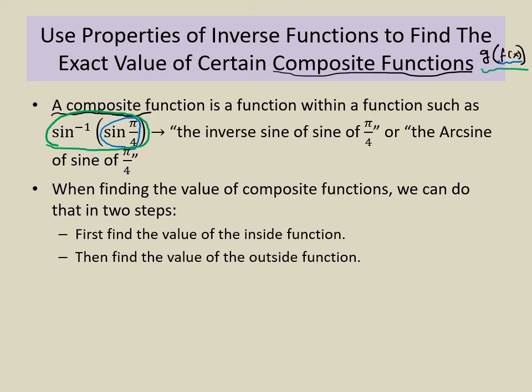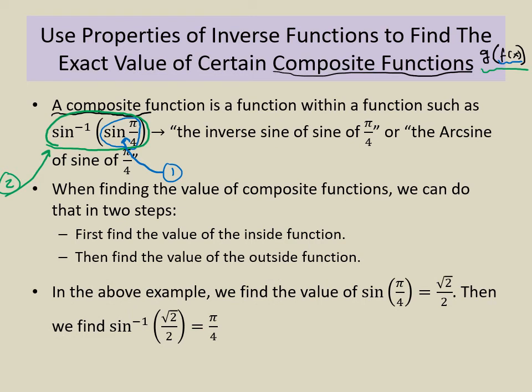Two simple steps. Our first step is to evaluate the inside function. So first we take the inside function, sine of pi over 4, and we get its value. Then step number 2, we evaluate the outside function. In this example, our first step is to evaluate sine of pi over 4. What is sine of 45 degrees?